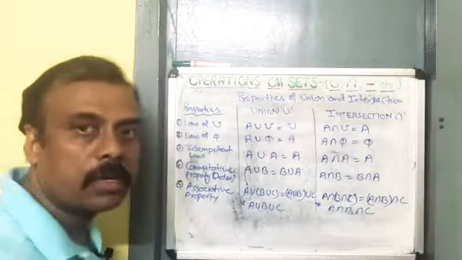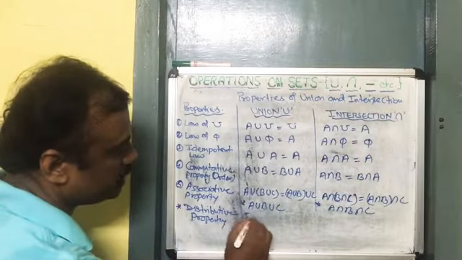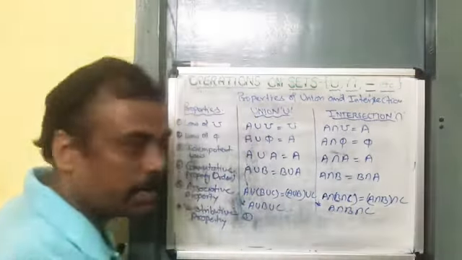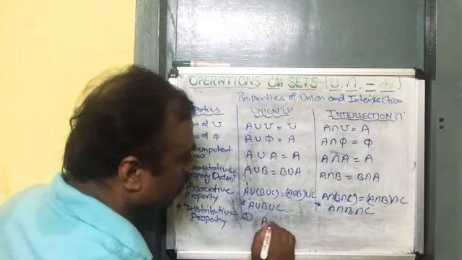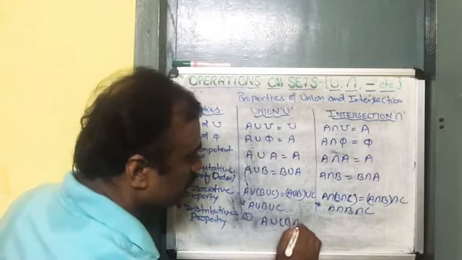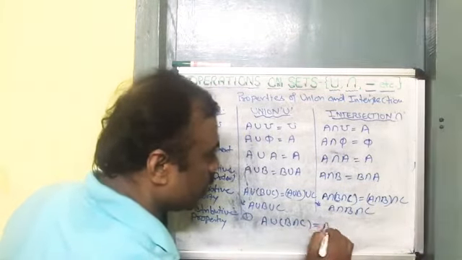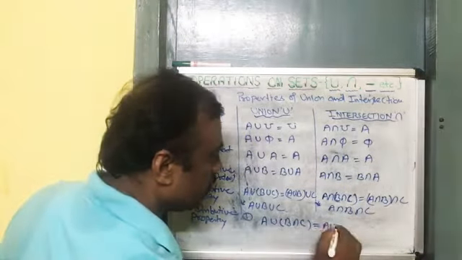These are some separate properties. Now let us discuss one more property in which we use union and intersection both: the distributive property. One is distributive over intersection, another is distributive over union. Here A union (B intersection C): we distribute A union, so it equals (A union B) intersection (A union C).